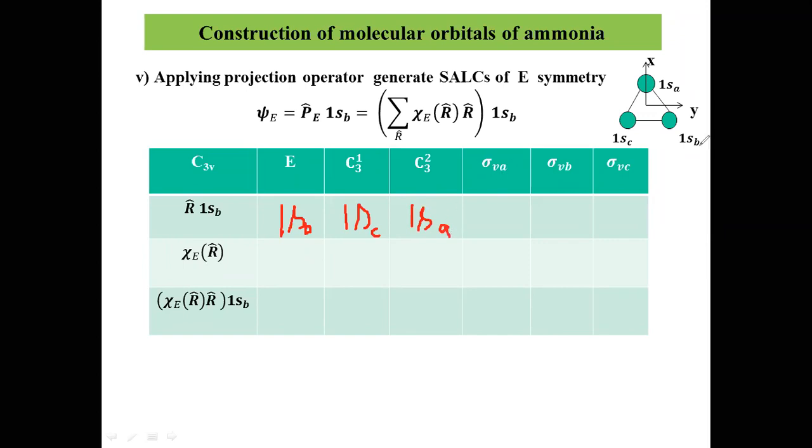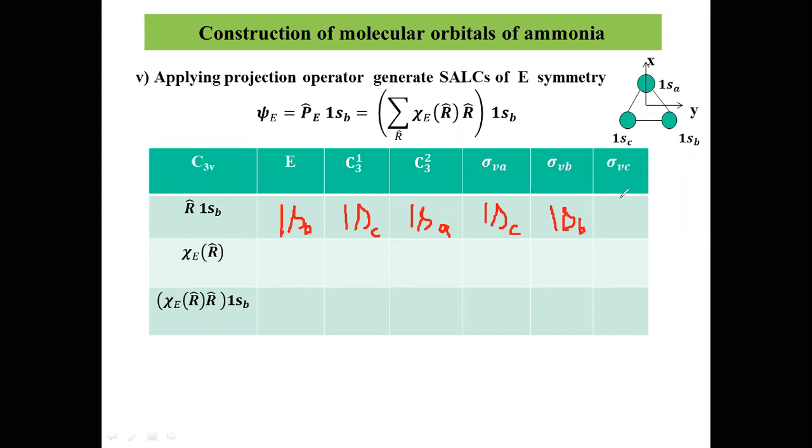Now sigma vA. Sigma vA means the vertical plane which contains the atom A. If we take this plane, the XZ plane, then 1s A becomes 1s C. Now if I go for sigma vB, it contains the atom B, so this is the plane I'm looking at, and therefore this function remains unchanged, so it is 1s B itself.